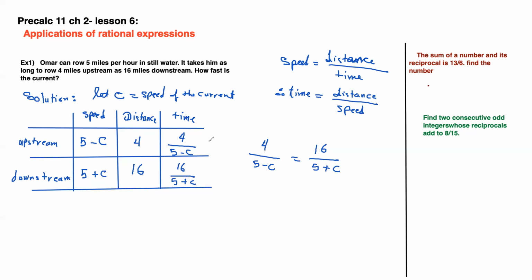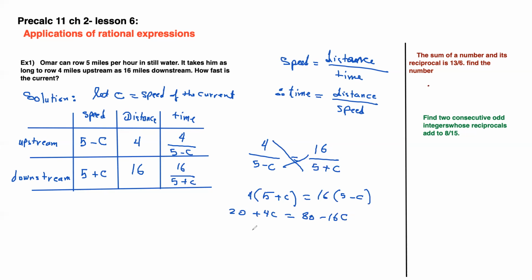So if this is the time upstream and the time downstream, both of them are equal, going the different distances, which is 4 and 16. Now just cross multiply. That goes there, that goes there. So therefore we'll have 4 times 5 plus c should equal 16 times 5 minus c. 20 plus 4c equals 80 minus 16c.